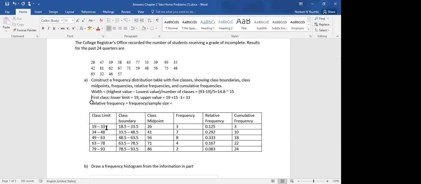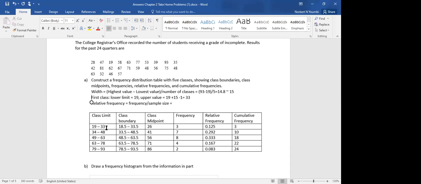The lower value of the second class is the lower value of the first class, 19, plus 15, which is 34. The upper value is the upper value of the first class, 33, plus 15, 48. Then for the third class, you add 15 to both numbers of the second class.